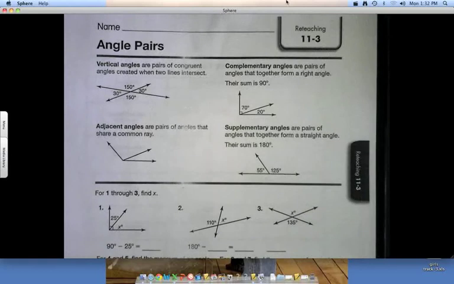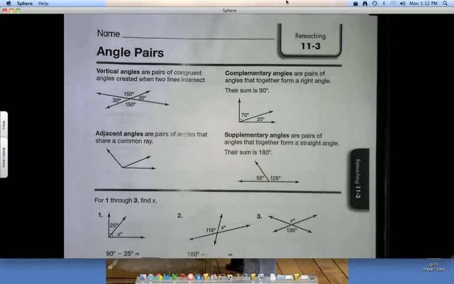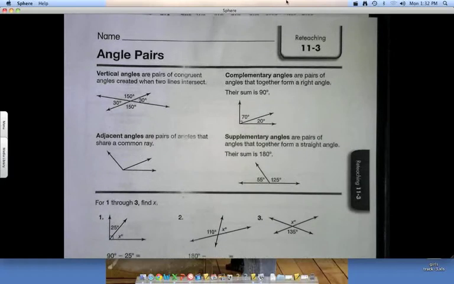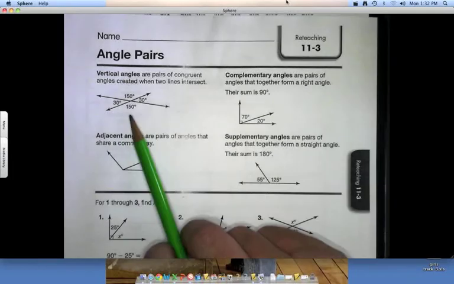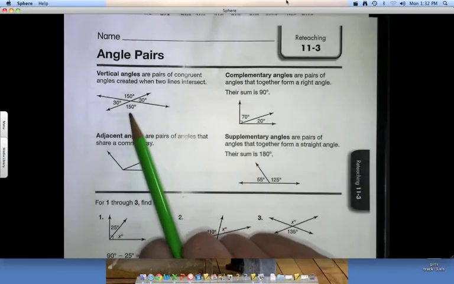Looking at the examples of angle pairs, the first example mentioned is vertical angles, which are pairs of congruent angles created when two lines intersect. So when you have two lines that intersect, you will have two sets of congruent angles.